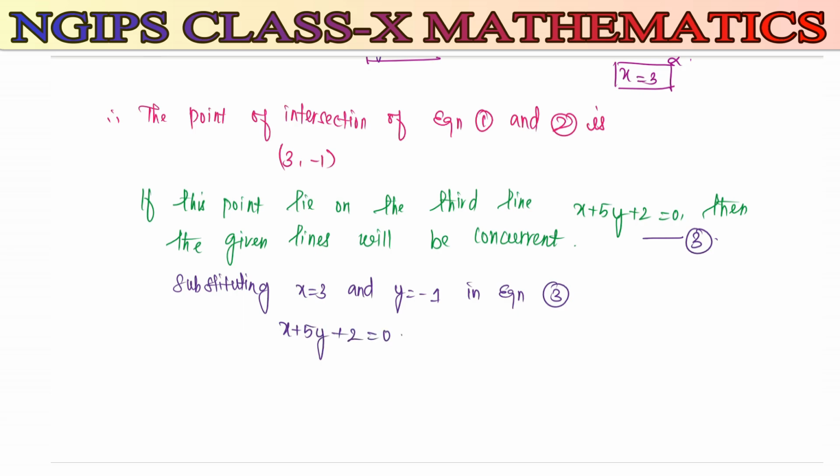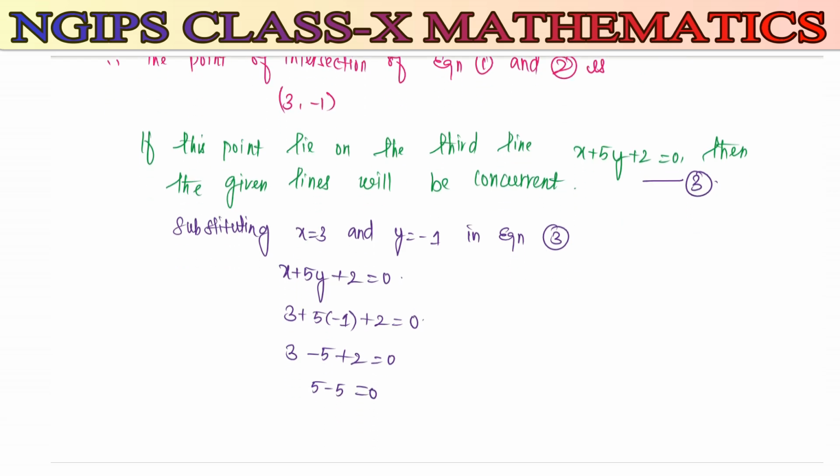So the x value is 3, the y value is minus 1, plus 2 is equal to 0. So 3 plus into minus 5 plus 2 is equal to 0. So 3 plus 2 is 5, minus 5 is equal to 0. So we got LHS is equal to RHS.